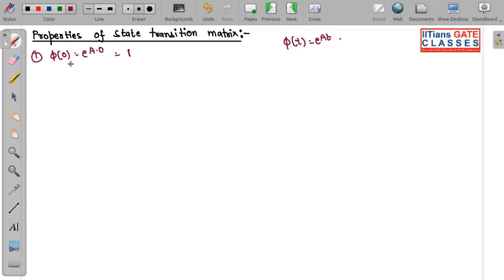And this is basically a matrix, so in matrix representation, 1 is actually equal to the I matrix, and the order of phi of t is n cross n. Why? Because phi of s will be n cross n, so obviously phi of t will also be n cross n.